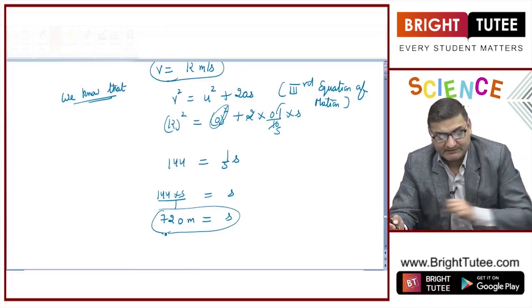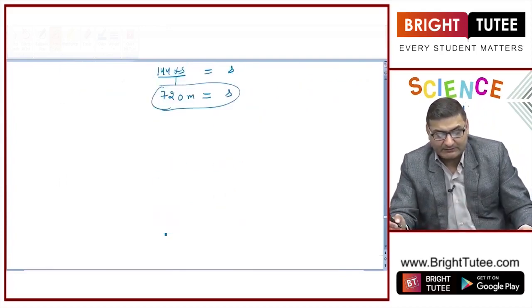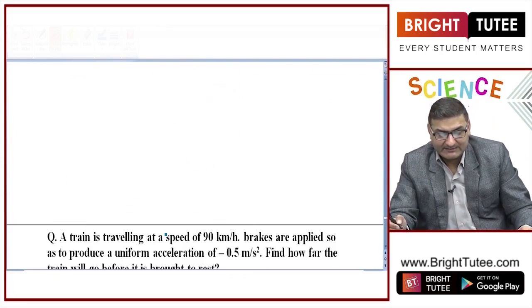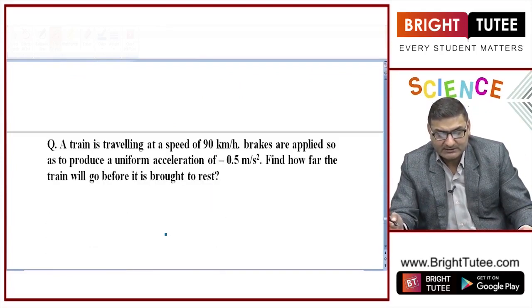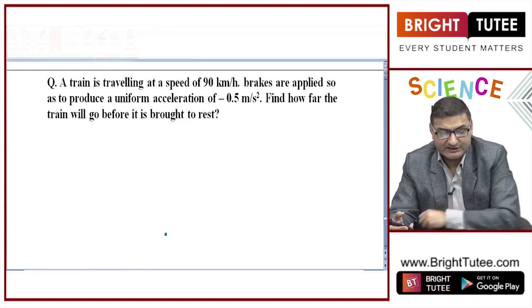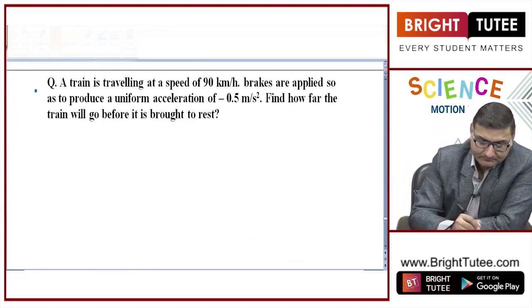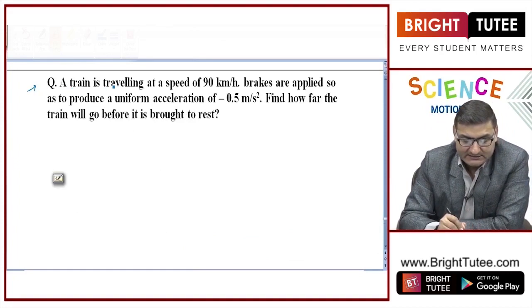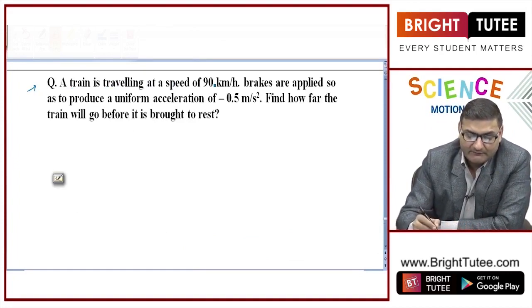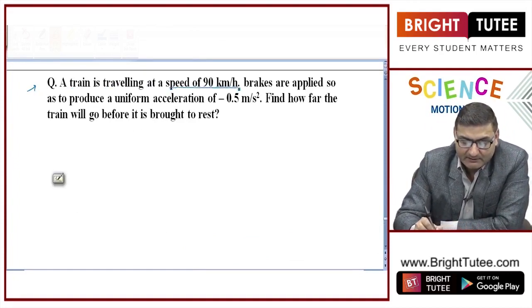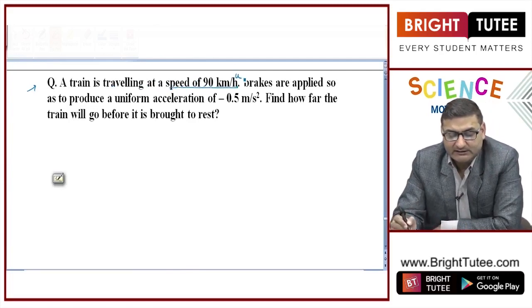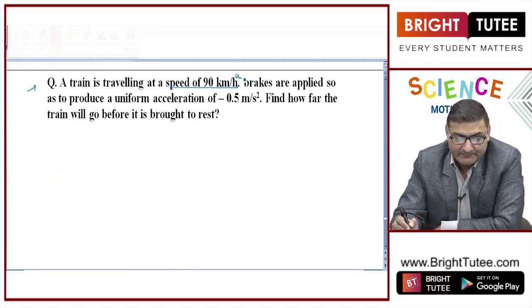Got it? Fine. So, these are a few types of questions that we have seen. All the rest of the questions will be basically the same. Let us now see how exactly he is changing the language. A train is travelling at a speed of 90 kilometers per hour. This is the initial velocity given to us, right.